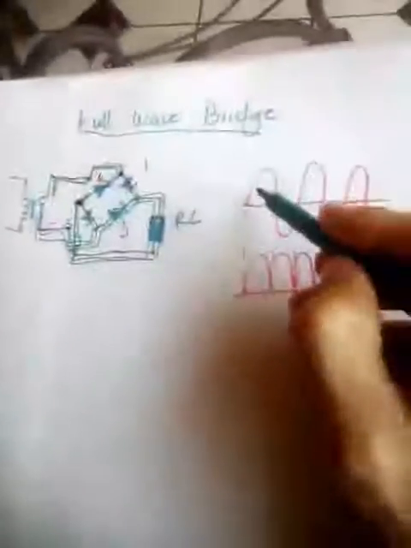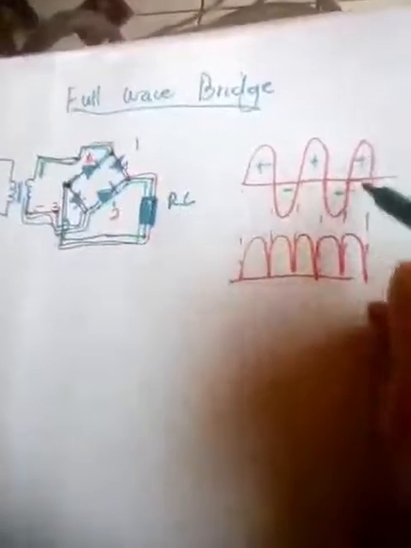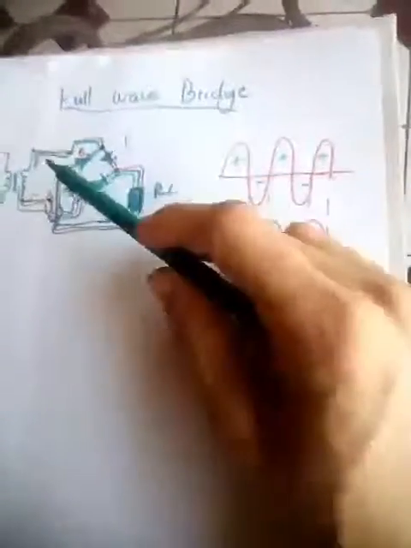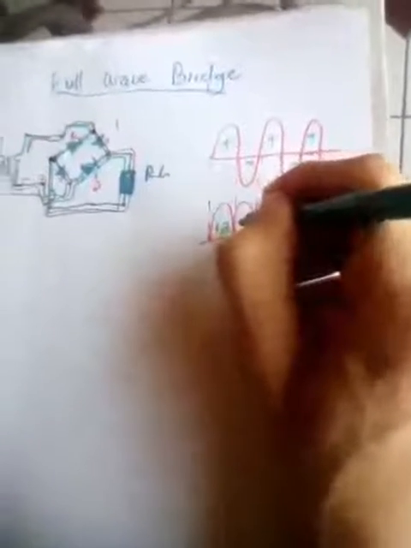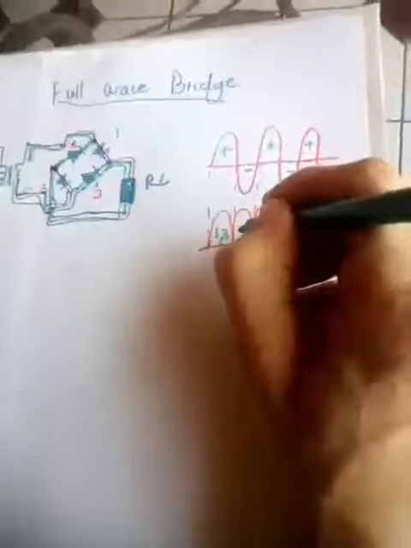If you have any problems, you need to know that for every cycle, positive, negative, positive, negative, 2 diodes conduct at the same time. So for the first positive cycle, which was the red, it was diode 1 and diode 3. Negative cycle, it was diode 2 and diode 4.